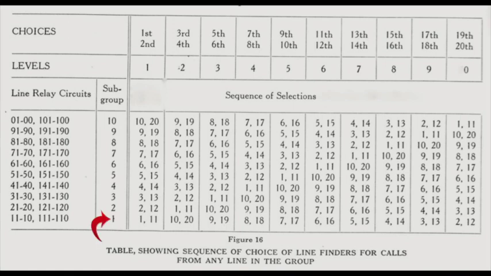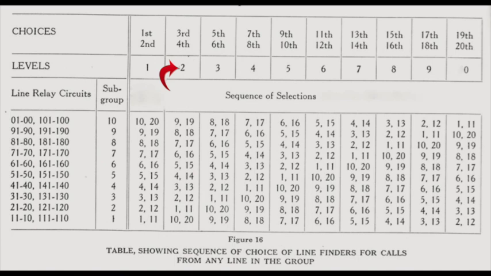Let's look at the subgroup 1 selection process. The first and second choice line finders are line finders 1 and 11. Notice that on these two line finders, the 20 lines in subgroup 1 appear on level 1. The third and fourth choice line finders for subgroup 1 are line finders 10 and 20.